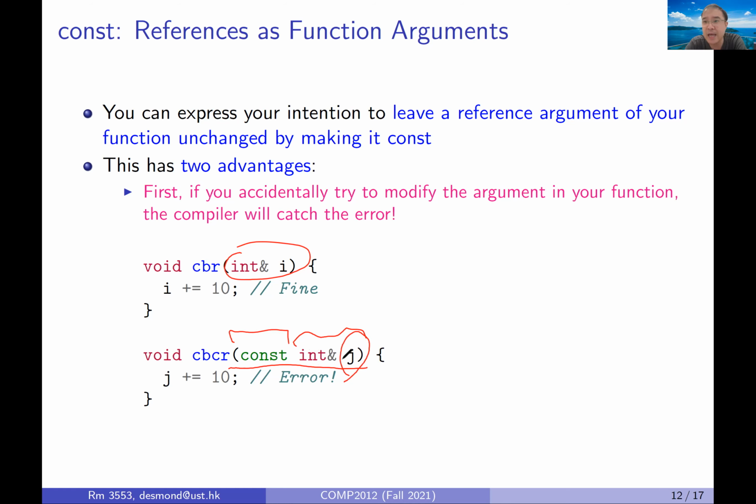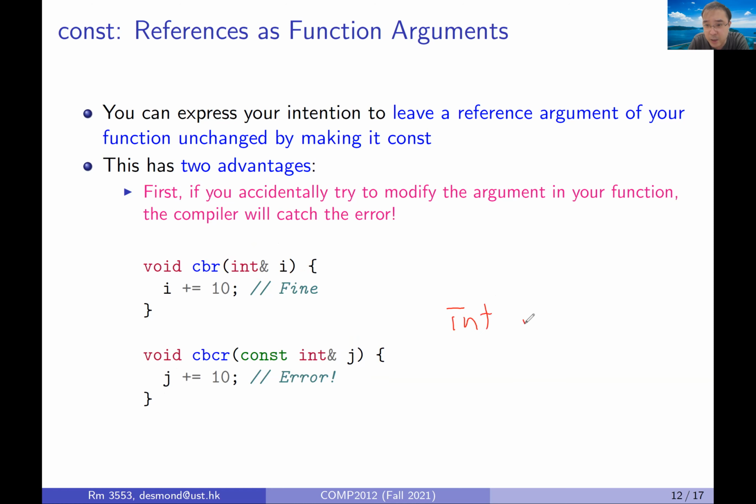Const int and J means you cannot modify the thing with name J through the use of J. Okay? In other words, J plus equal 10 is wrong. I don't understand, Desmond. Okay, let's do it.